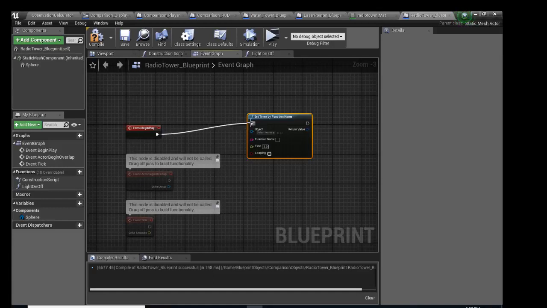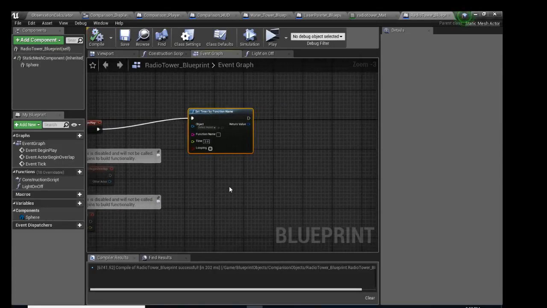It's fairly simple, but I want the light to flash for like half a second and then be off for a couple of seconds.